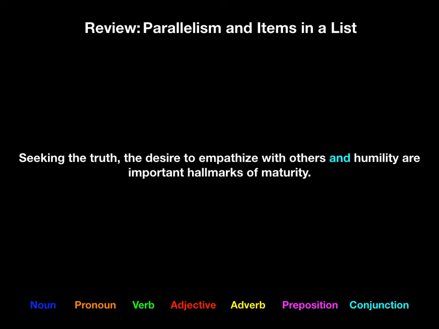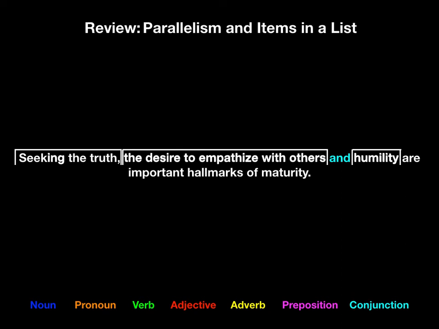Within this sentence, what elements are we attempting to make parallel? We can hopefully identify seeking the truth, the desire to empathize with others, and humility as the elements we are attempting to coordinate.